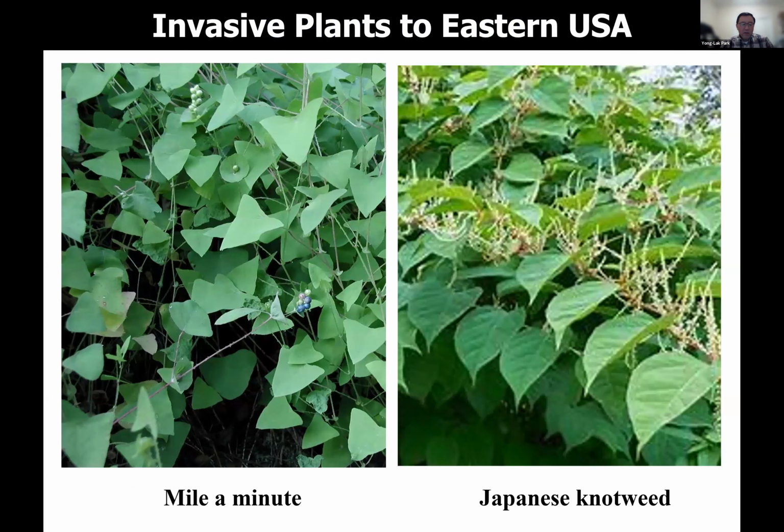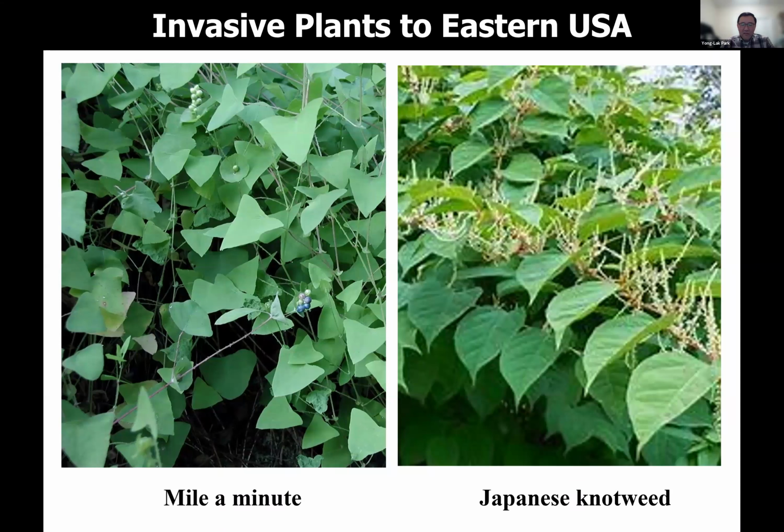Today, what I'm going to talk about is invasive issues in agriculture. Every country has invasive species, and especially in the Eastern United States, we have a lot of invasive plants coming from Asia.